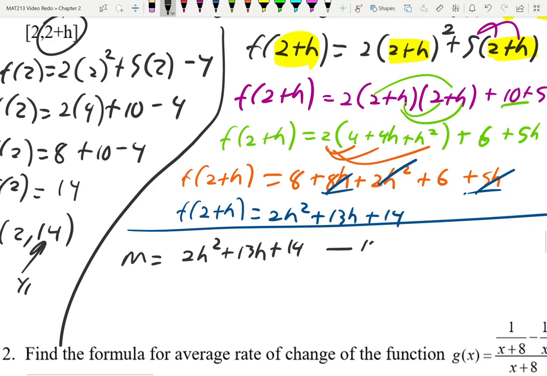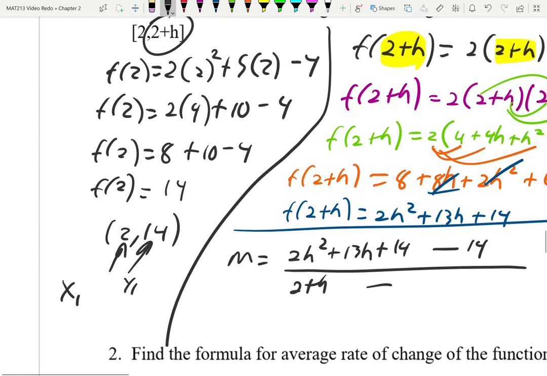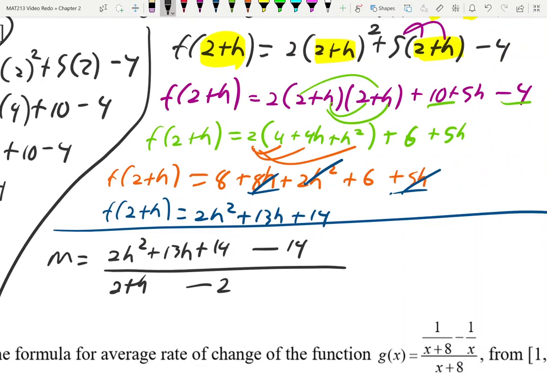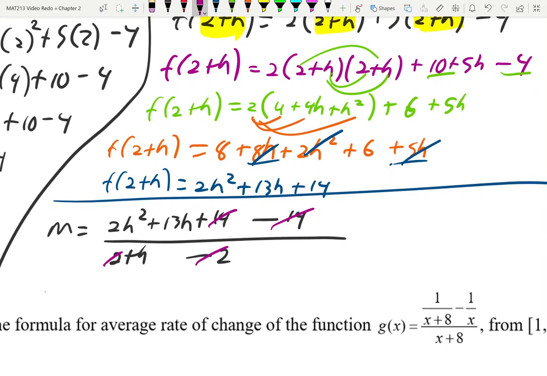So that's going to be 14 over x2, 2 plus h minus x1. That's from our ordered pair being 2. And beautiful things are happening again. Notice 14 subtracts with 14, and in the denominator, 2 subtracts with 2, leaving me with a slope that is 2h squared plus 13h divided by h.